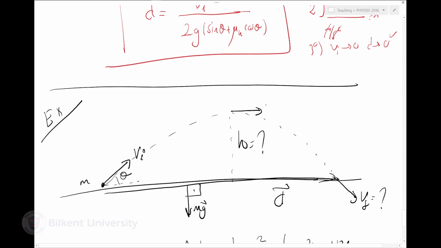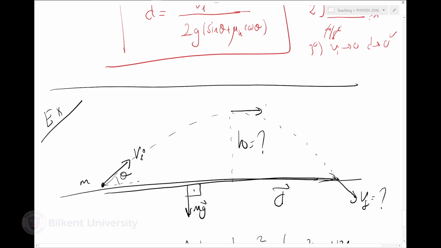So its velocity will be vi cosine theta. So initial kinetic energy is 1/2 m vi square. The kinetic energy at the top, kT, is 1/2 m vi square cosine square theta.